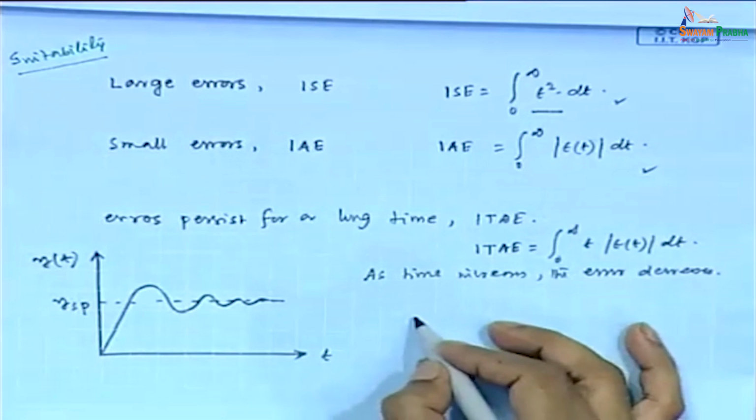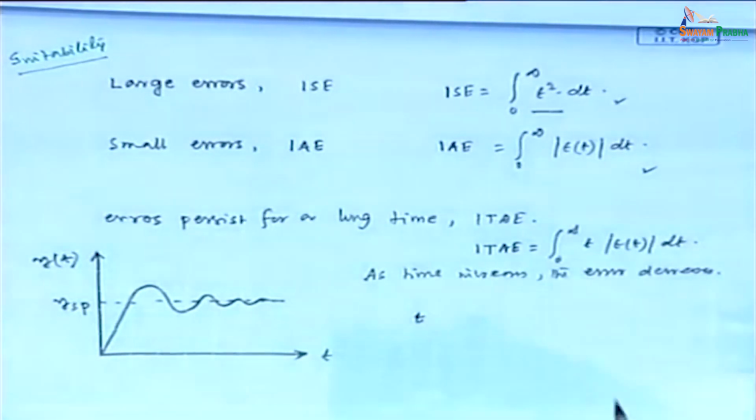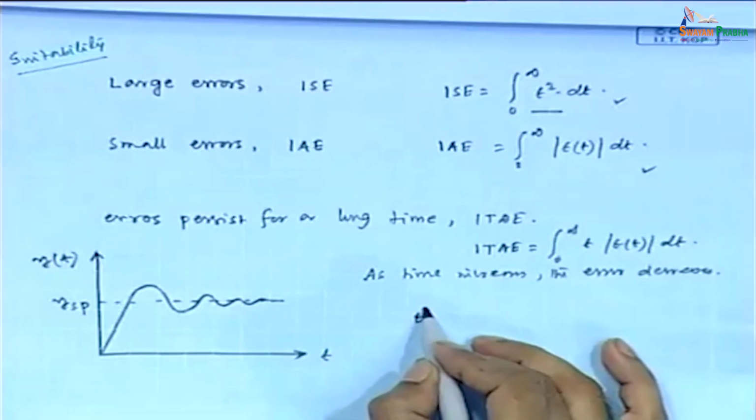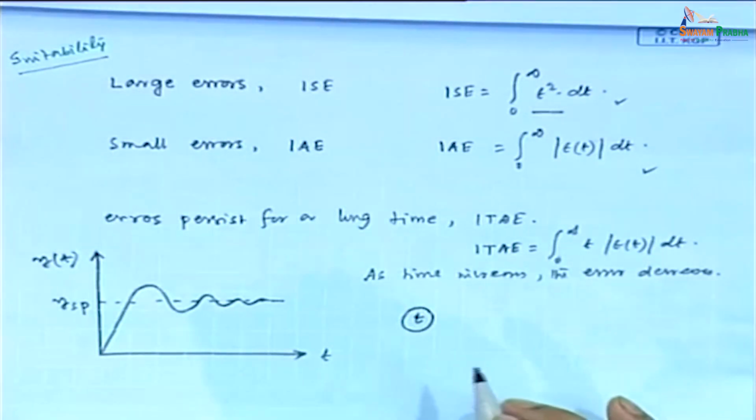If we multiply this time with the error, the entire process response gets weightage in selecting the control parameter values. Fine. Therefore, this ITAE performance criterion is used in selecting the control parameter values.